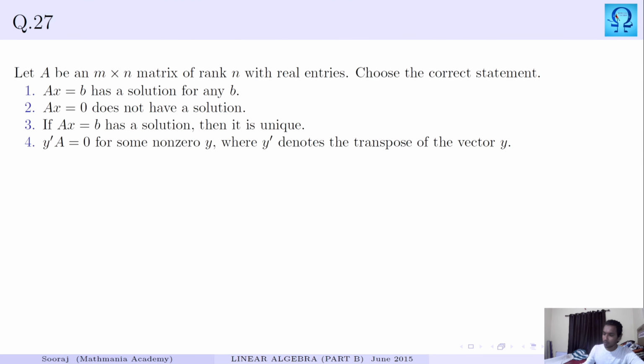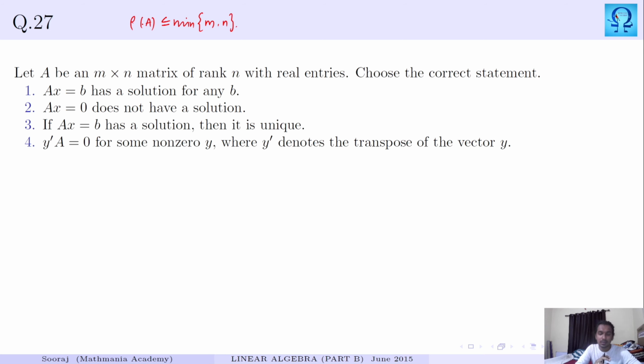Now moving to the next question, it is given that A is any m by n matrix of rank n. Basically, rank of a matrix is what? It is smaller than or equal to the minimum of m and n.